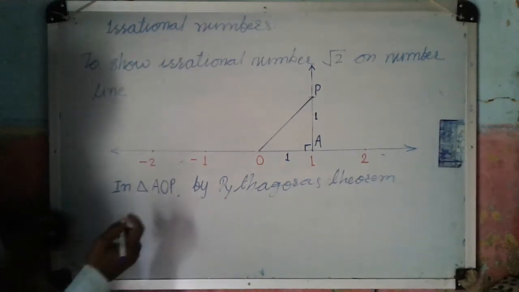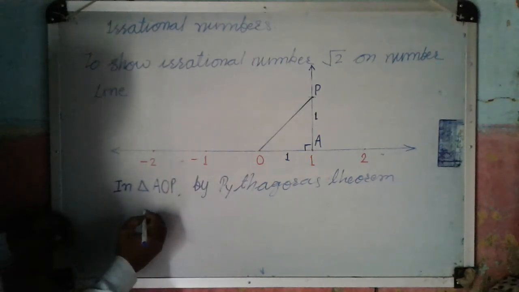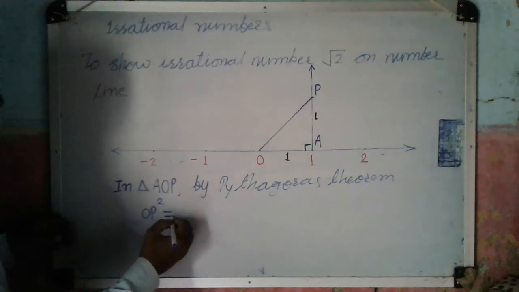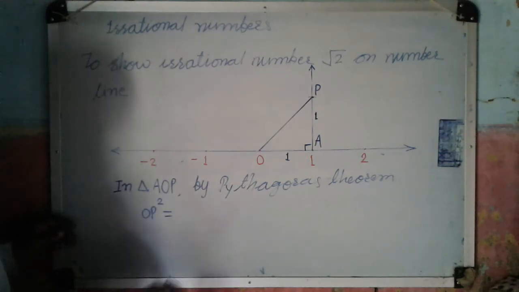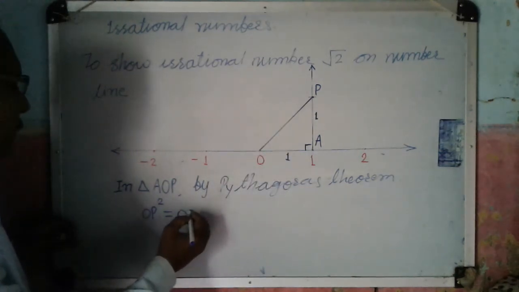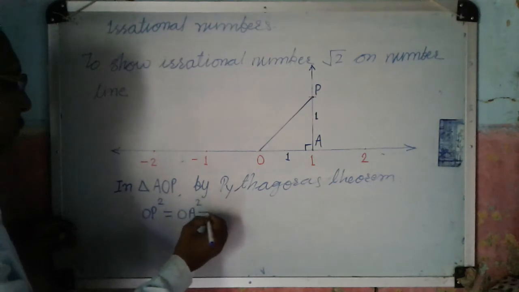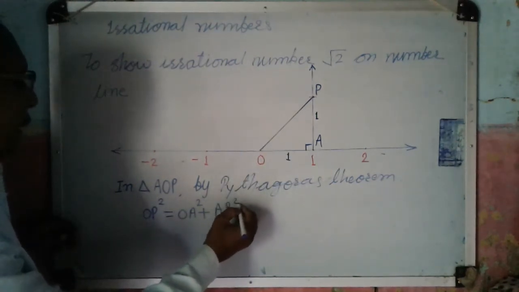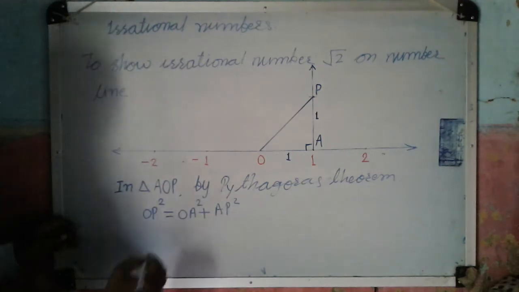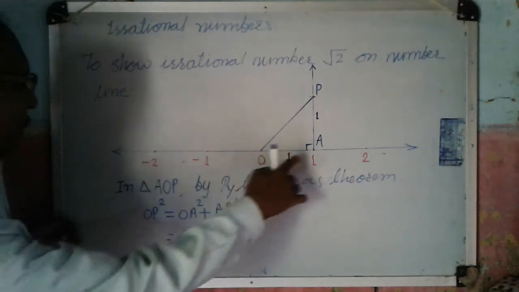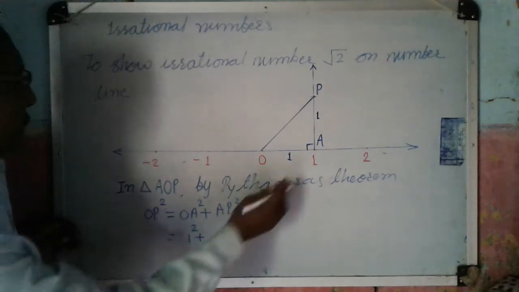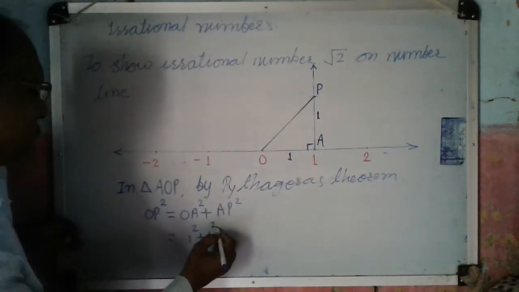So by Pythagoras theorem, OP square is equal to OA square plus AP square. Now if we put the value here, OA is equal to 1 square plus AP is equal to 1 square.